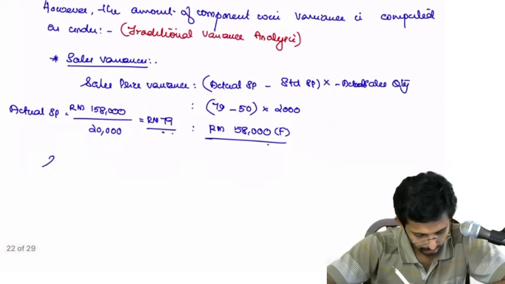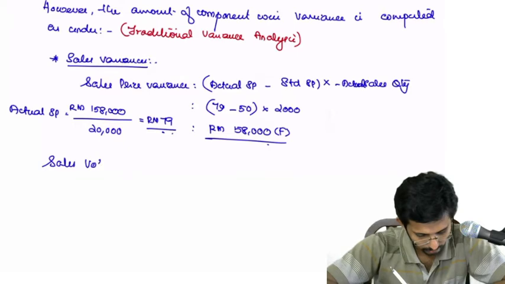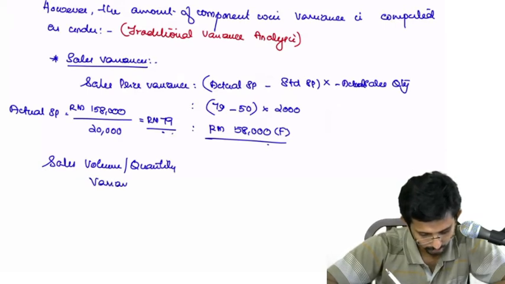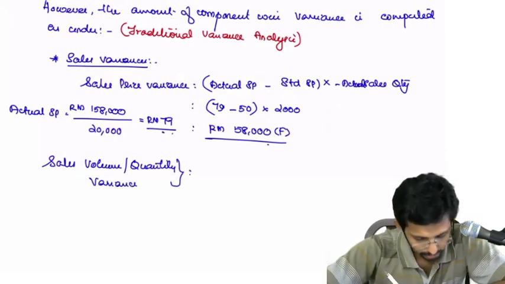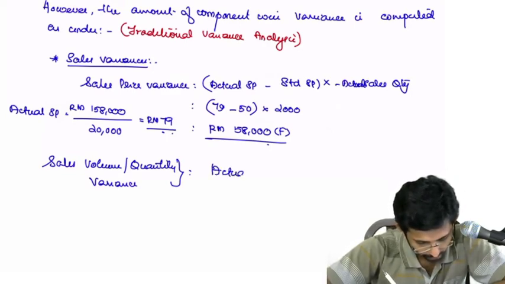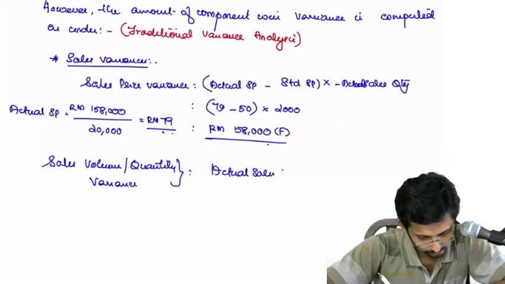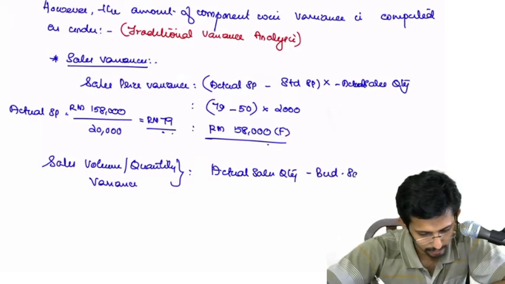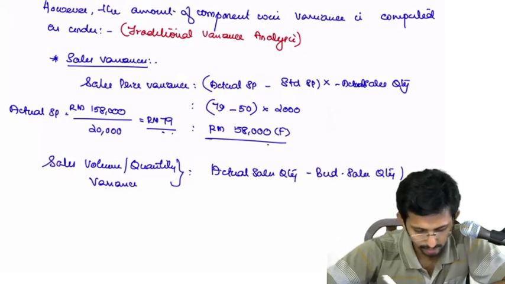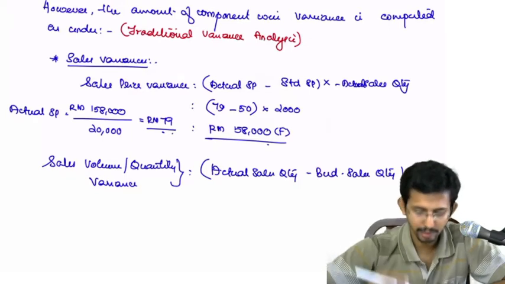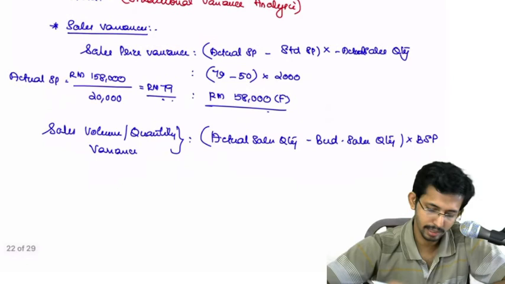Okay, now sales volume or quantity variance is equal to actual sales quantity minus budgeted sales quantity multiplied by budgeted selling price or standard selling price.